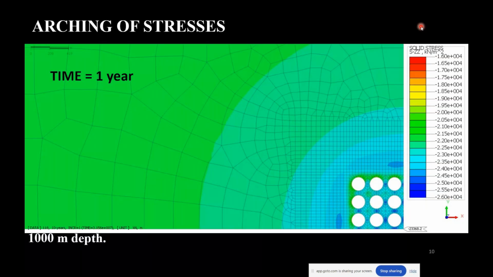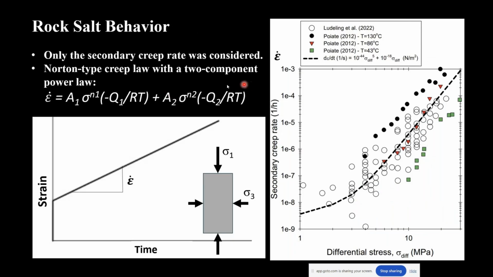Yeah. Well, this is a very simple constitutive model. There is not much sophistication here. This simply considers the differential stress with a stress exponent. This stress exponent strongly depends on the creep mechanism.